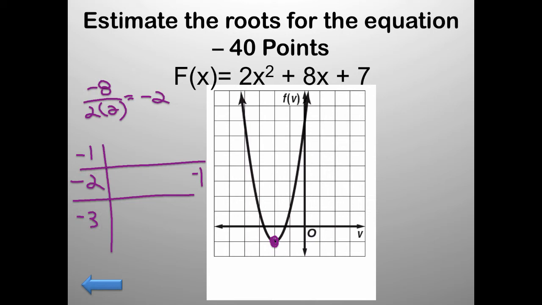When I plug those in, I'm going to get 1 and 1. You notice that it went past 0. This one's negative and this one's positive. So I know my roots are in between -1 and -2. So I would estimate where these cross. I would say they would cross at -2.7 and -1.3, approximately.